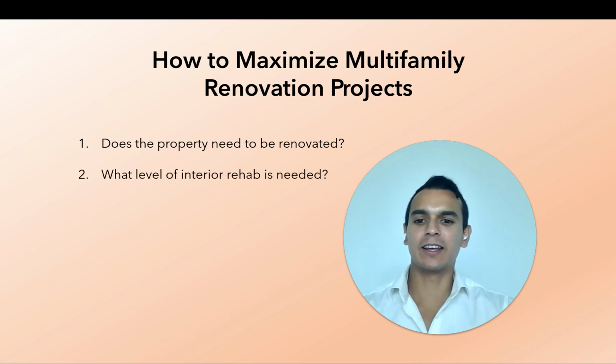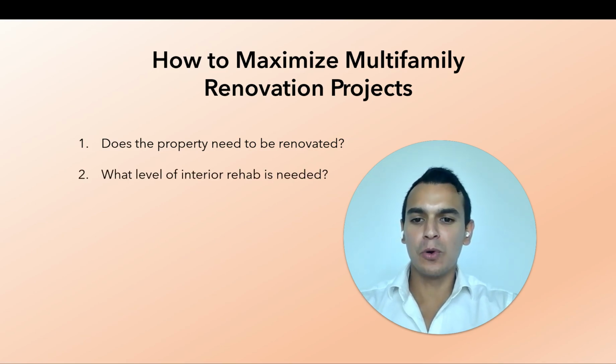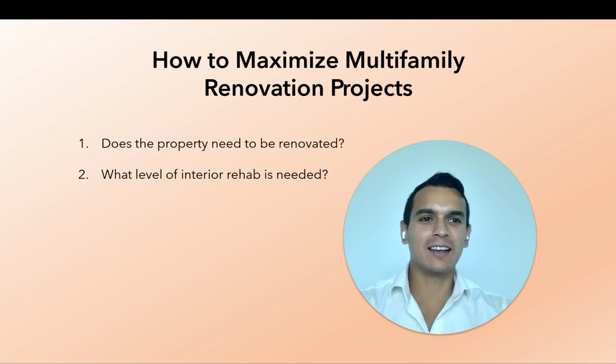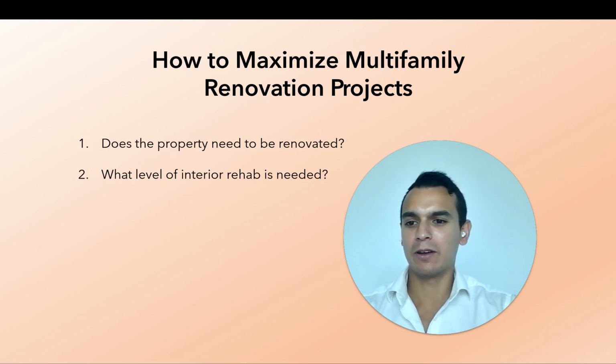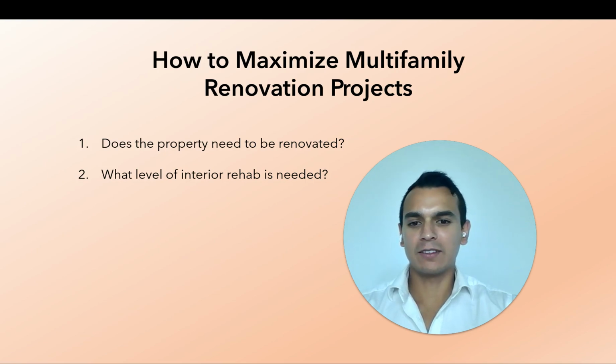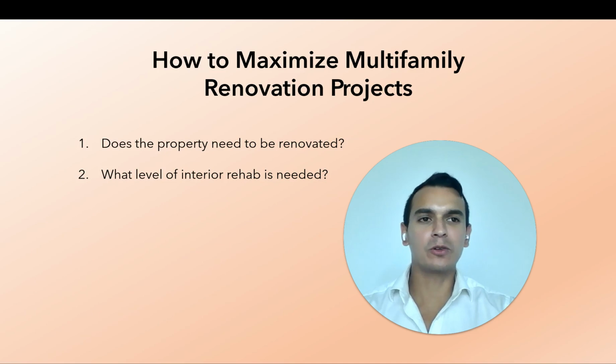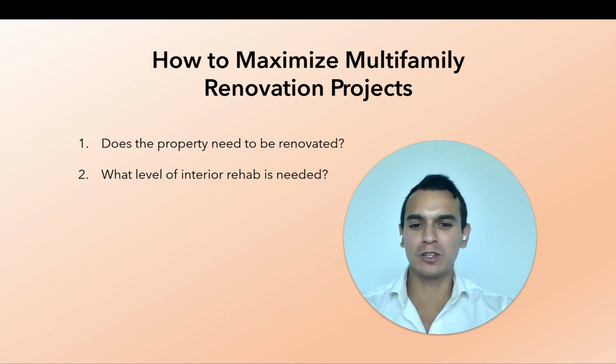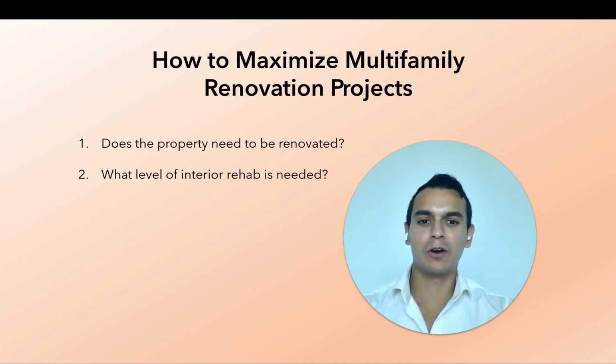The second question is, what level of interior rehab is needed? Now, when we're talking about Class B, Class C interior rehab renovations, we're often talking about putting in a new kitchen. So we're talking about rent-a-grade. We're not talking about flipping a house, which a lot of newer multifamily investors are coming from. We're not putting in the highest level materials.